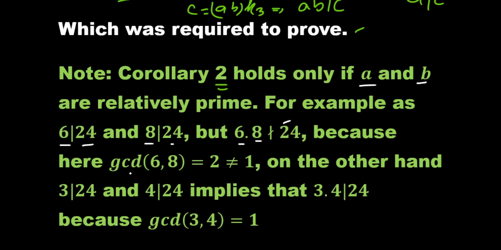Because here the GCD of 6 and 8 is equal to 2, which is not equal to 1. That is, 6 and 8 both are not relatively prime. That's why in this case the product of 6 and 8 will not divide the number 24. On the other hand, 3 divides 24 and 4 divides 24. This implies their product 3 into 4, that is 12, divides 24. This is now correct because the GCD of 3 and 4 is equal to 1 here.